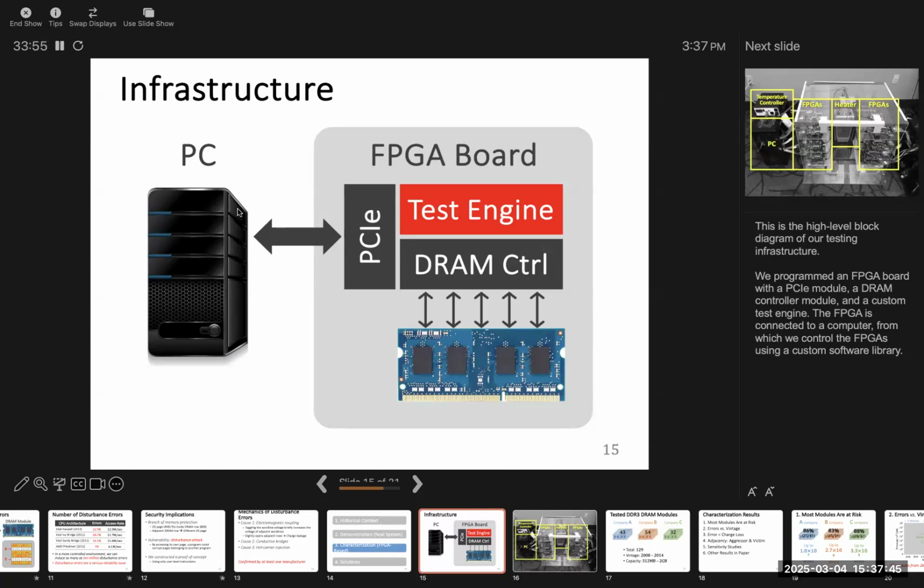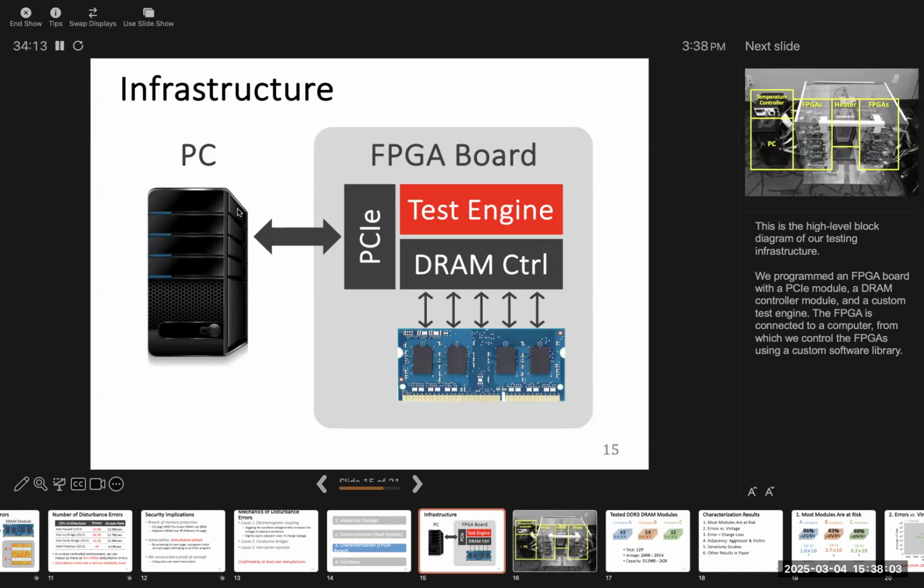On the FPGA board, they have deployed a PCIe, which is used to interconnect your CPU with your DRAM modules. And they have the DRAM controller, which is also deployed on the FPGA.